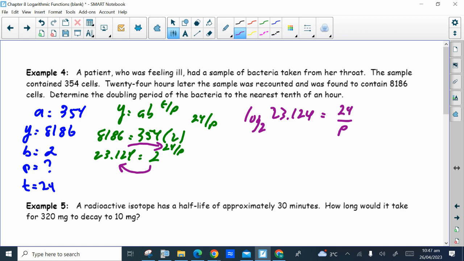We need to solve for P. So if you multiply both sides by P, you'll have P times the log equaling 24. So then you would divide both sides by the log to get P by itself.